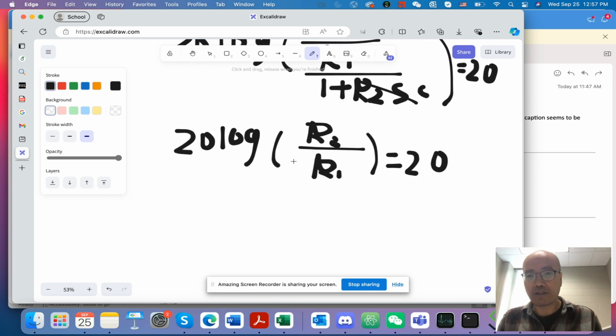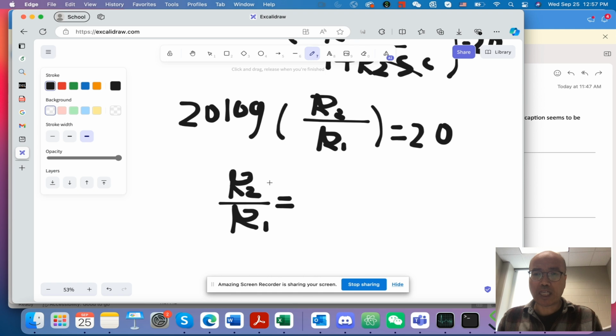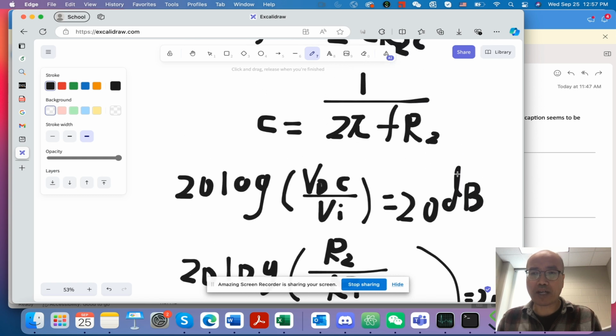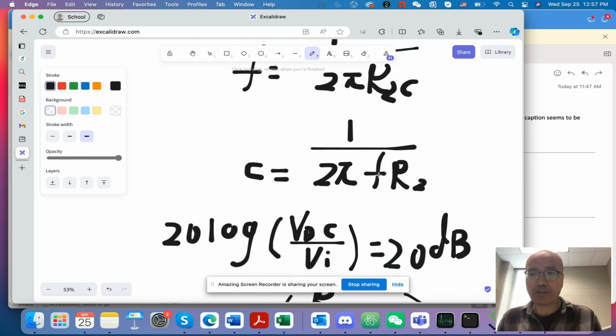And therefore this R2 over R1 is 10, right? And R2 is 100K here. We know R2 is 100K, and we know f is 200 kHz.